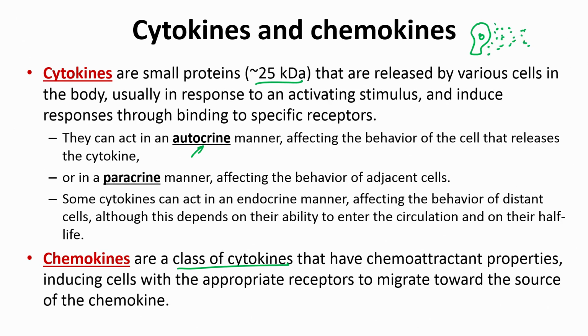Near the cell you will have quite a bit, and away from the cell it is going to become less and less. So, let us say there is another cell a bit far away from this cell, but as it secretes more and more cytokines are coming from this direction, this cell will then move and get closer to this. So, it is acting as a signal to call more immune cells to come to the site. That is what chemokines do.